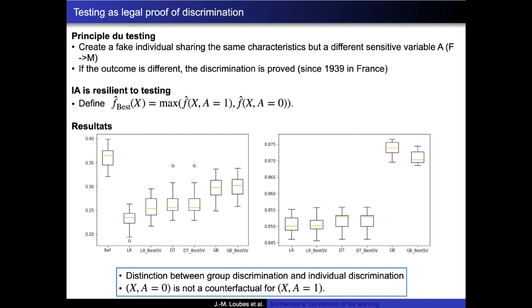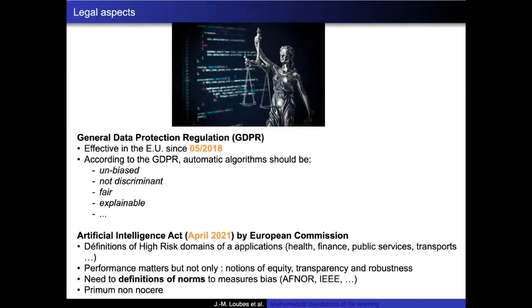The notion I'm looking at is a notion of group bias, and of course it's not changed by such a little change. And of course, due to the new regulation, this is highly punishable by law.